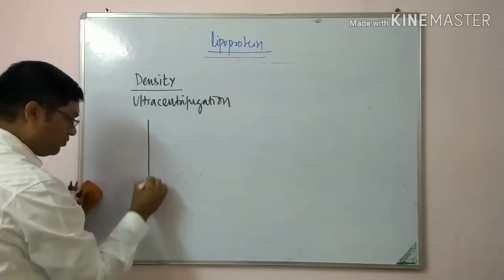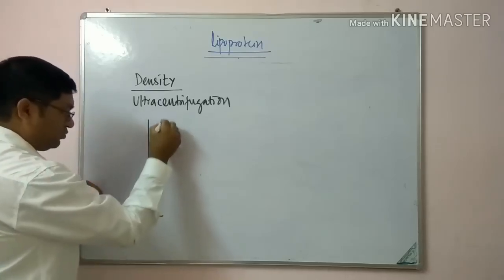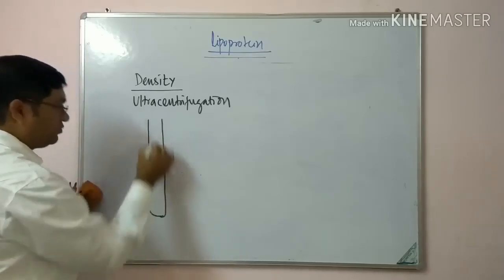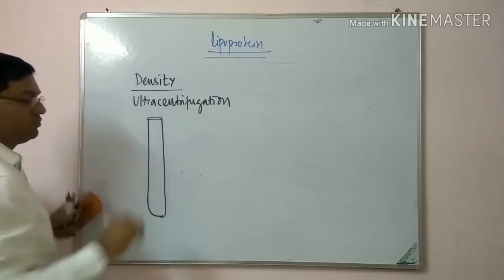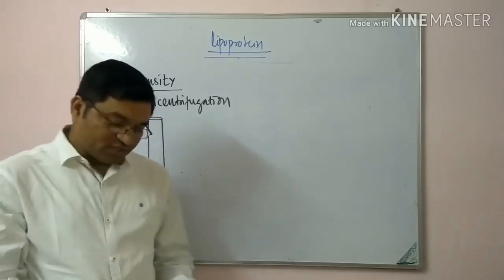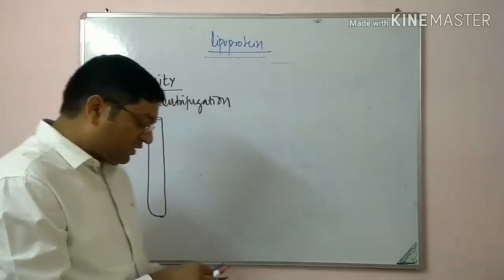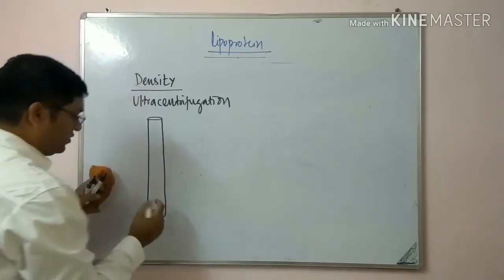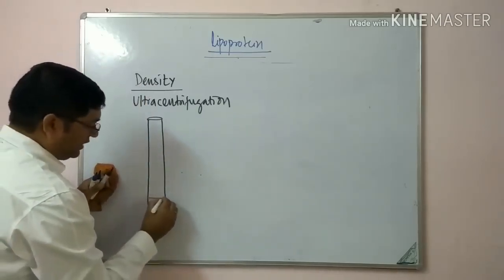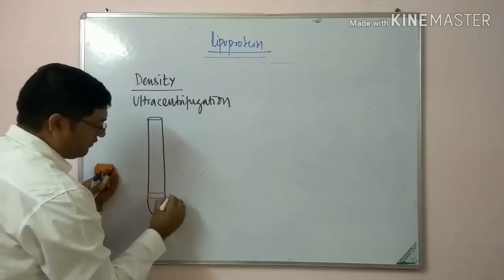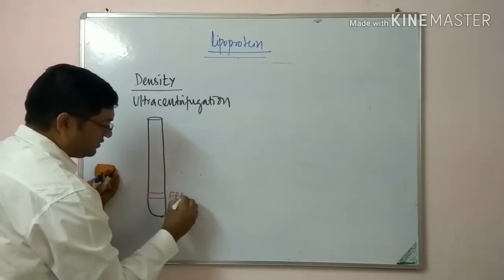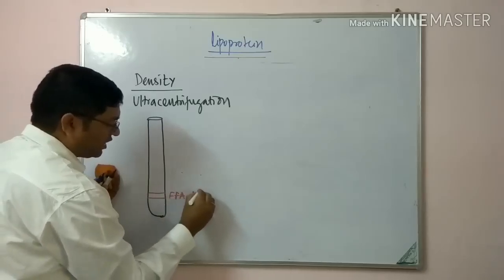This is a test tube. In ultracentrifugation, the lipoprotein with the highest density settles down at the bottom. So it contains the free fatty acid complexed with the albumin.